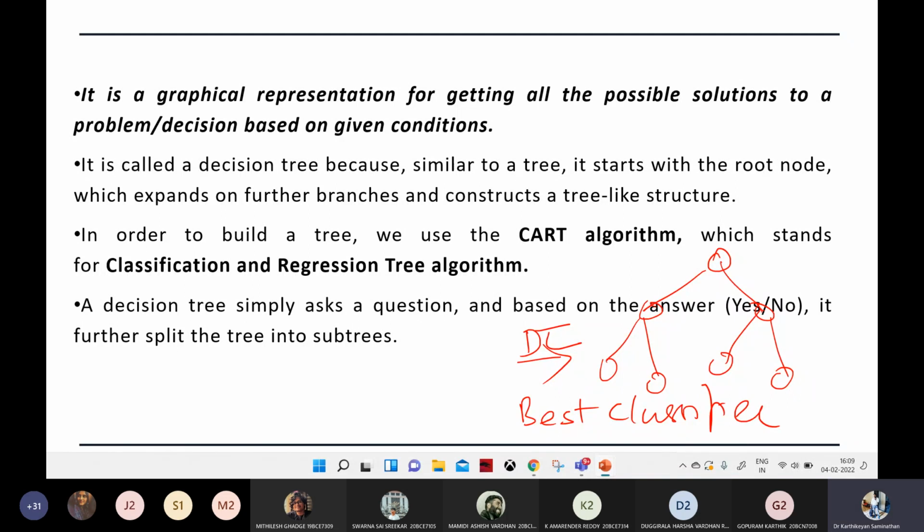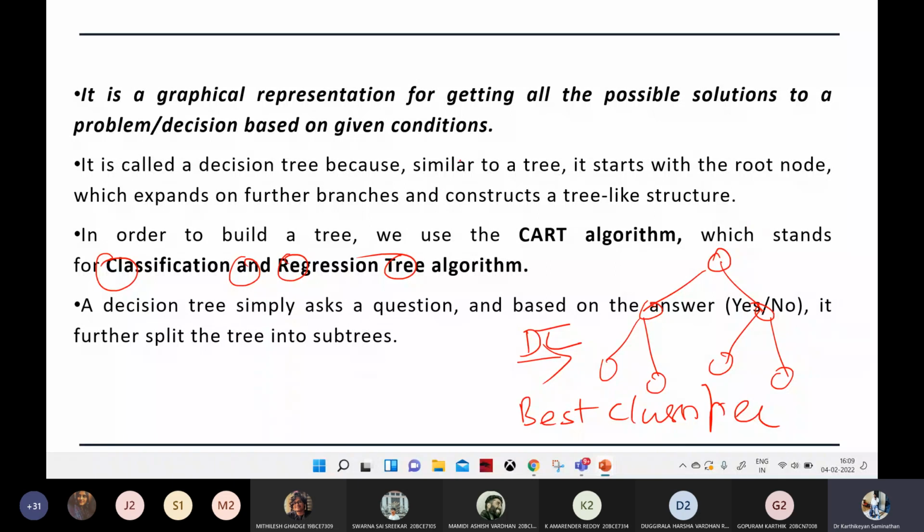In order to build the tree, we use the CART algorithm. CART stands for Classification and Regression Trees. A decision tree simply asks a question, and based on the answer, yes or no, it further splits into the tree.